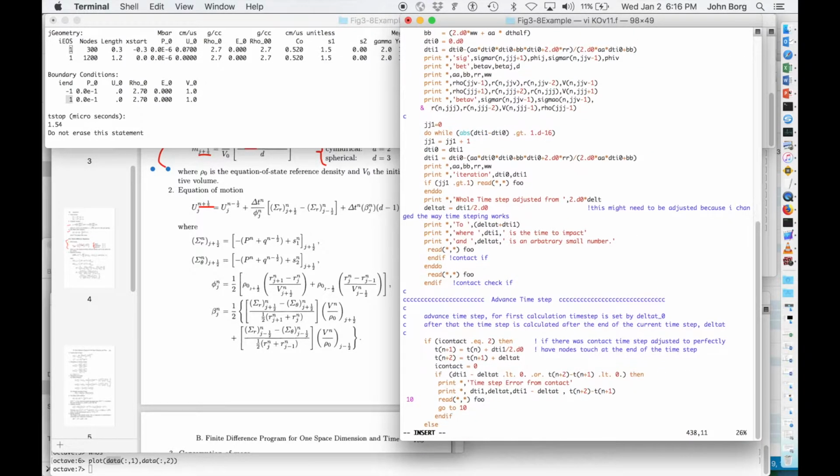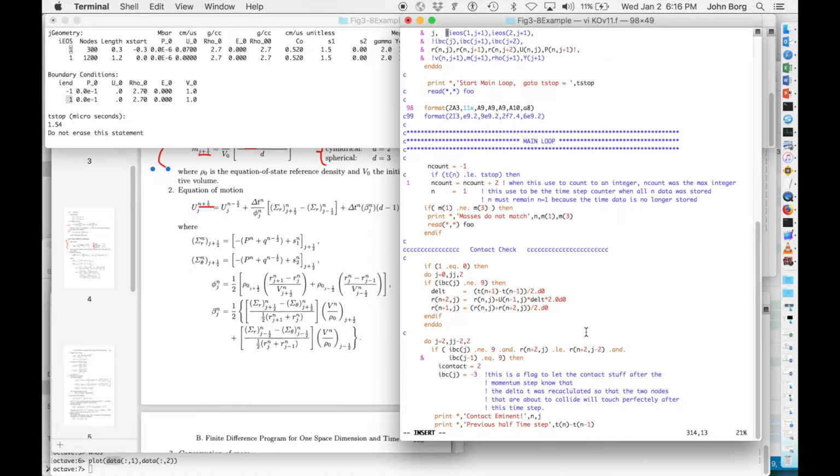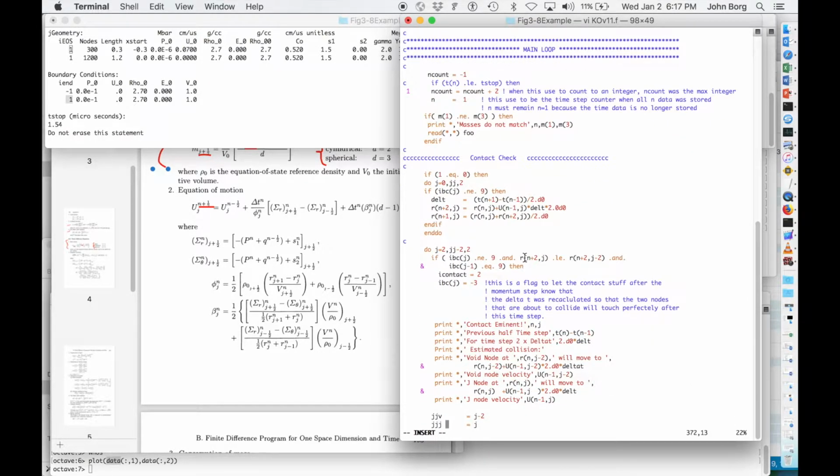So if it detects that nodes would overlap within this time step, you can see here that it's going to determine, okay, contact has occurred.